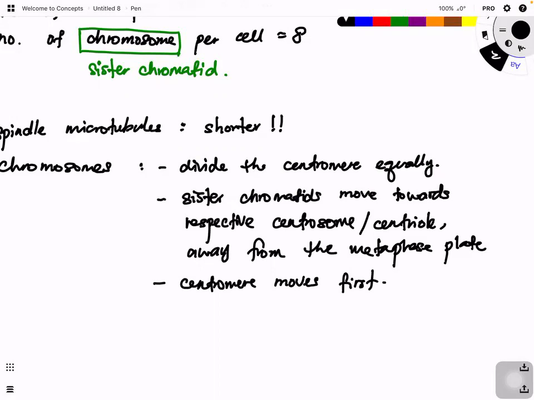Do you get it? This is a characteristic of the anaphase. So that's why the concept of the centromere moving first must be there. Okay, now next.